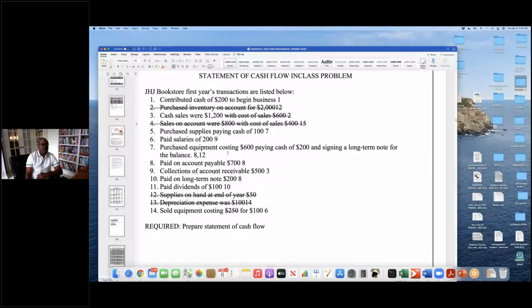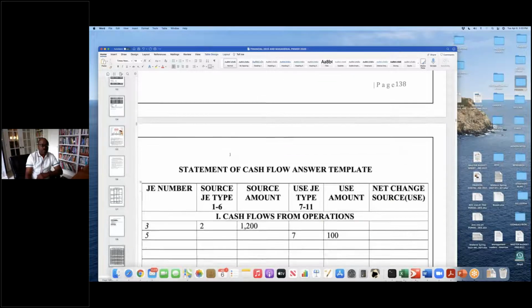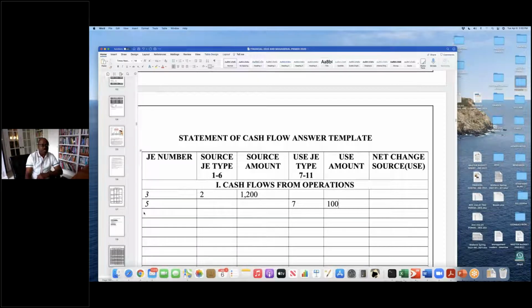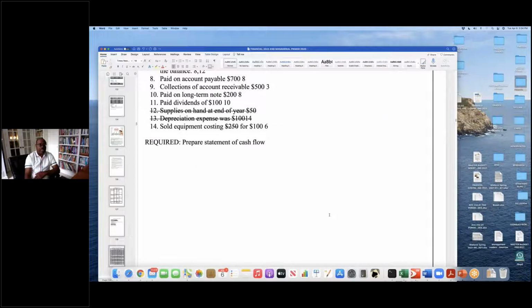Paid salaries of 200. So we're down to transaction 6. And we paid cash of 200. And we said that that's a type 9, payment of an expense. Hopefully we said that.